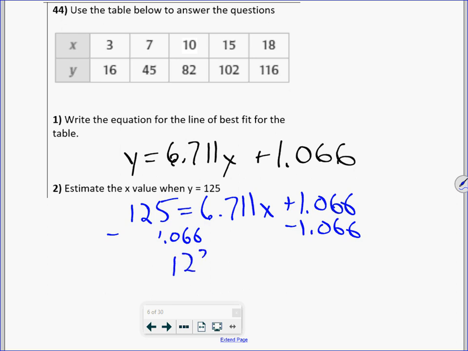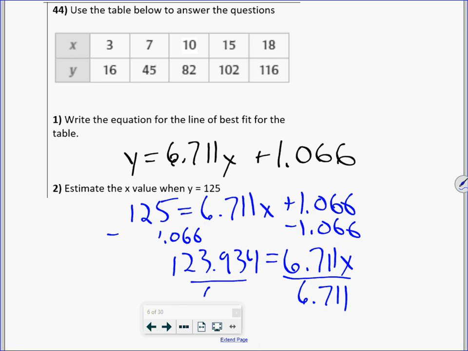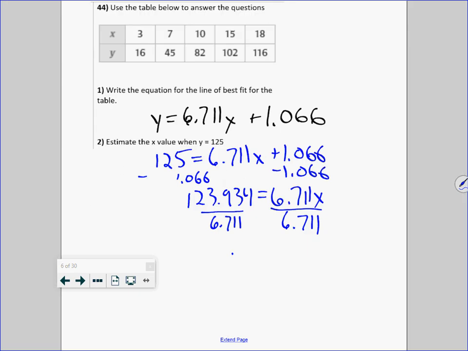I get 123.934 equals 6.711x. So I divide both sides by 6.711. And I get an answer that x equals approximately 18.467.